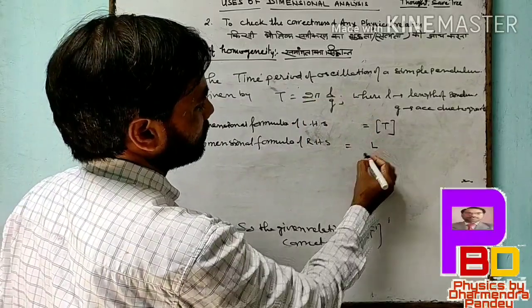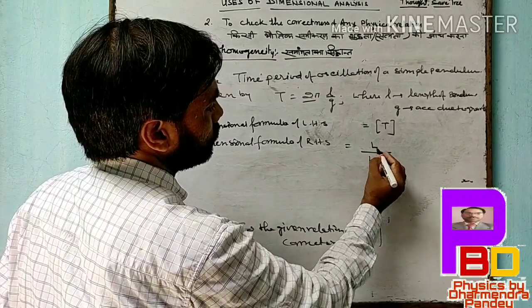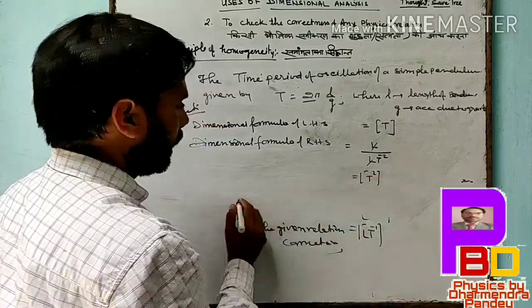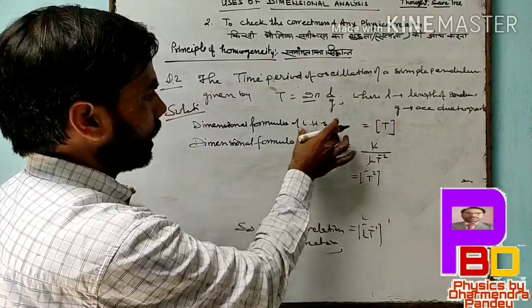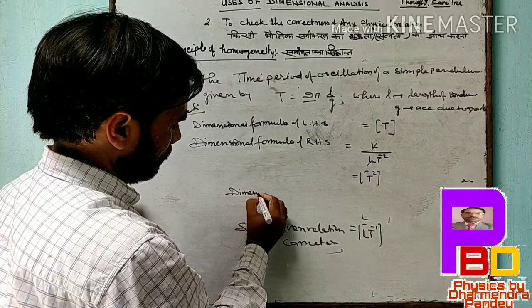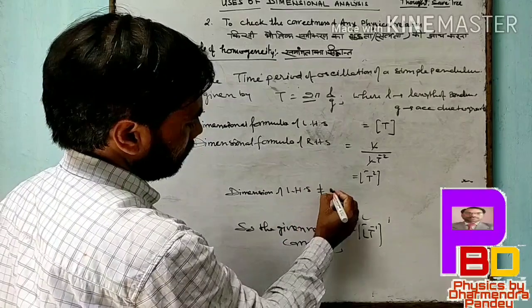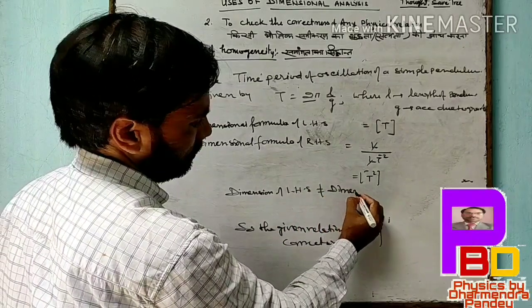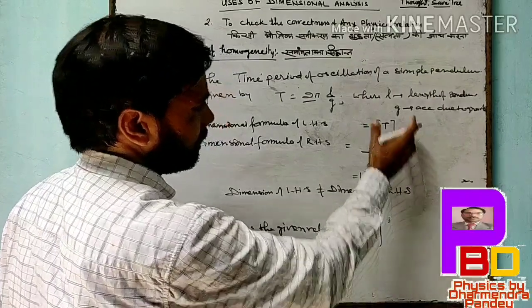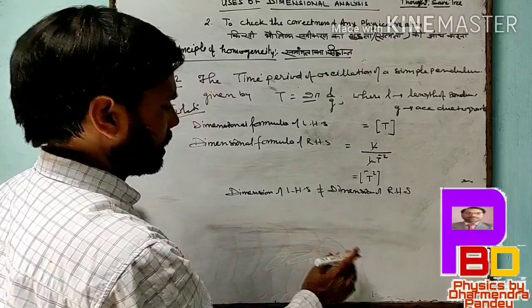L has dimension L and G has dimension LT minus 2. So L cancels. We have T raised to the power 2. As from these two sides, left and right, the dimension of the left hand side is not equal to the dimension of the right hand side. This is clear from calculating the dimensional formula on both the sides.